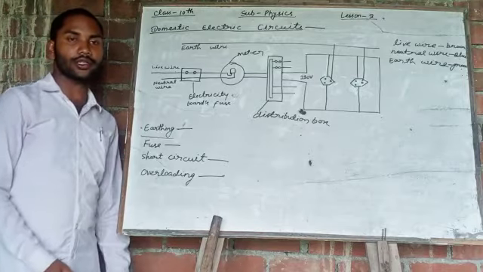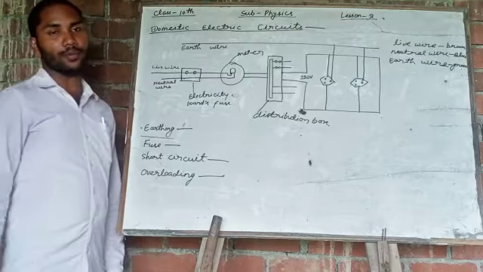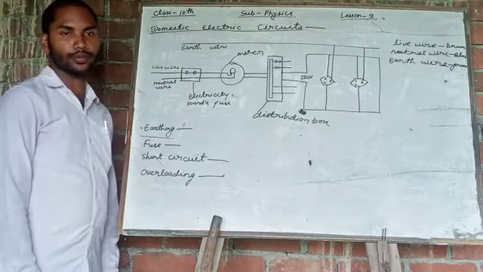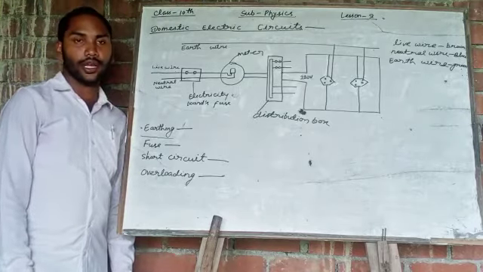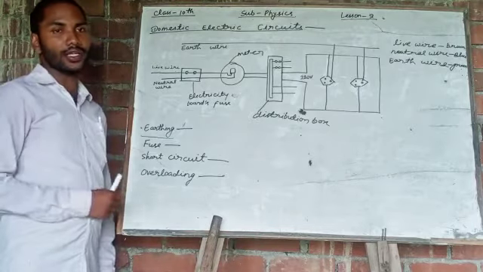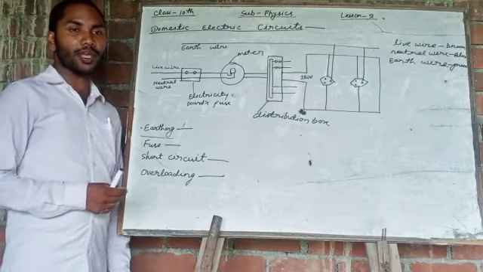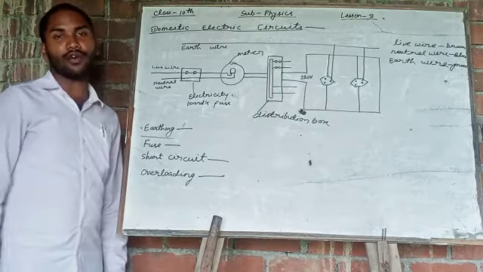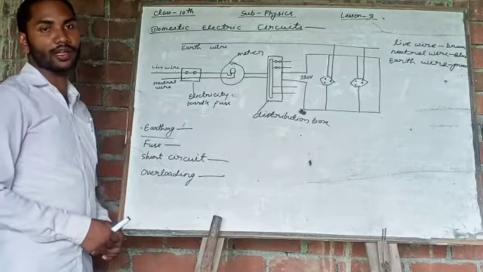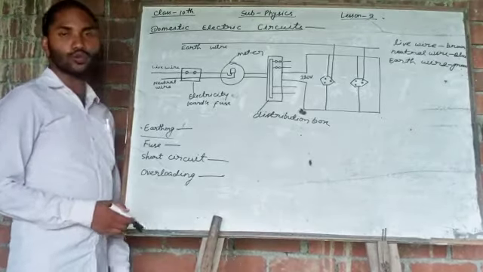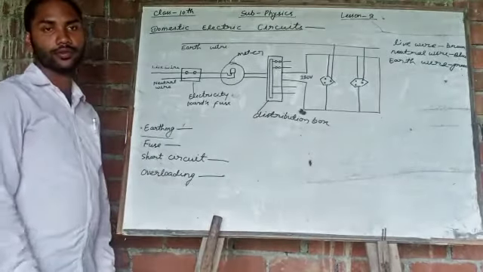Due to a short circuit, the wires melt and many electrical appliances get damaged. What are the reasons for short circuits? It may be a faulty connection, or bad insulation of wires. When there is bad insulation, the wires may touch the main wire and neutral wire, and in that case also a short circuit happens.